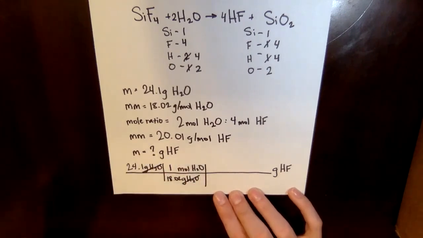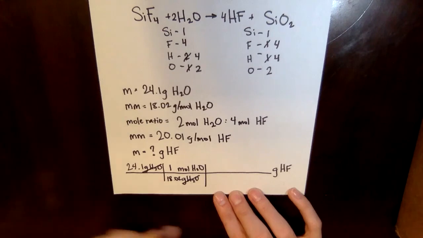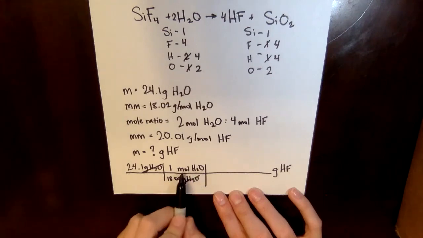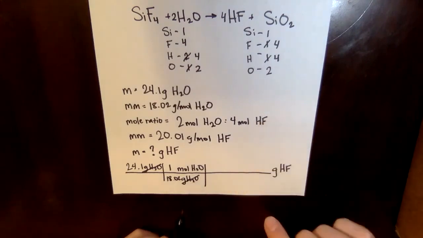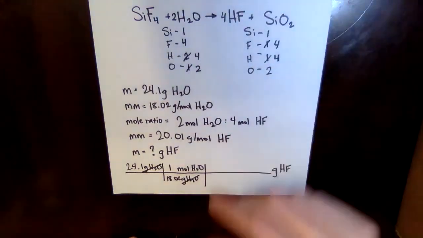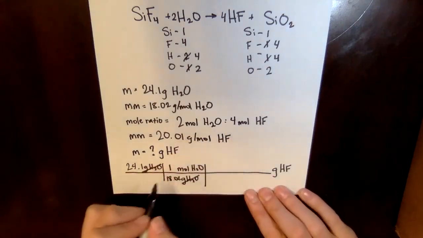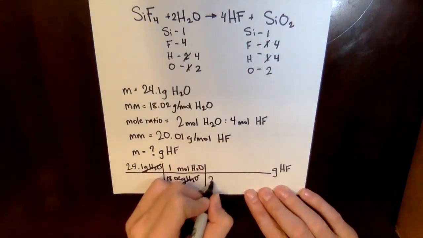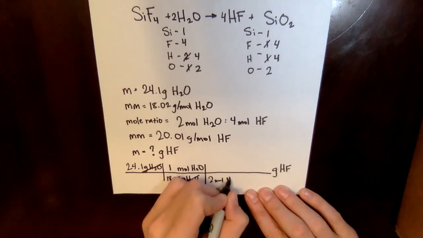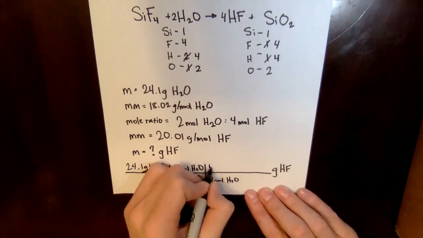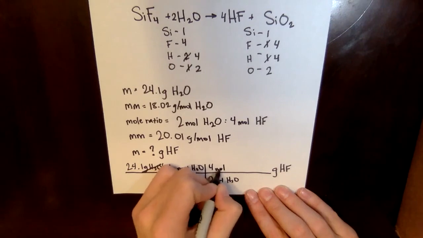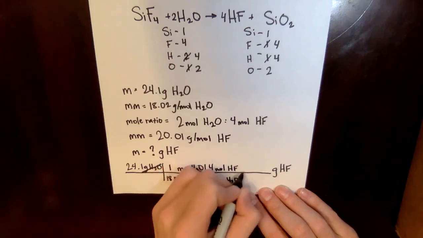Now I'm ready for the next section of my train tracks where I want to get rid of the unit of moles of water. The thing that I need to use to do that is moles of water versus moles of hydrofluoric acid. So if I look at my mole ratio, I have 2 moles of water for every 4 moles of hydrofluoric acid.